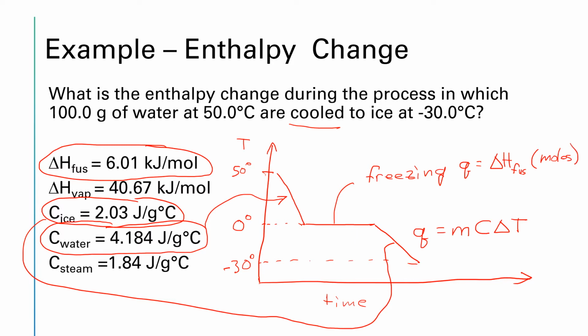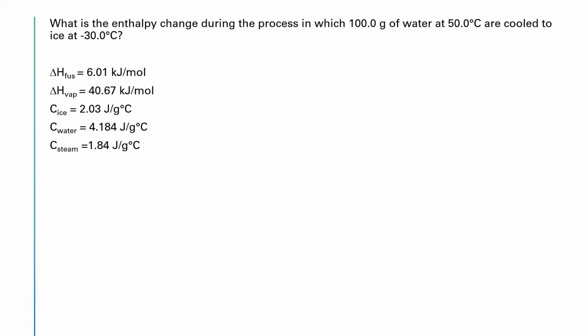So we're going to have to do three separate calculations and then add up the results. There is nowhere near enough room for me to answer it on this slide, so we're going to move on to the next slide.